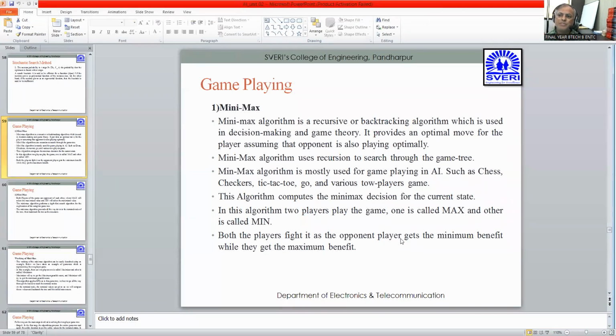All those two-player games are implemented through the minimax algorithm, so one of the opponents will be max and the other will be min. Both players fight it out: max gets the maximum benefit, while the opponent gets the minimum benefit. The game is designed in such a way.